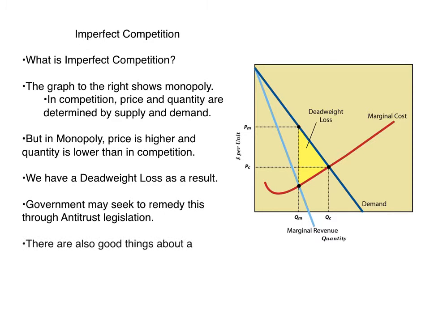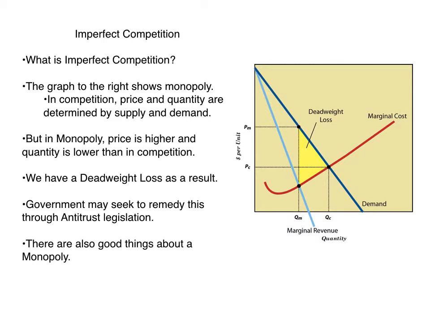Now, there are also some good things about a monopoly, and generally monopolies can improve innovation, generally through patent protection. A patent gives the firm probably a 20-year window, a barrier to competition.